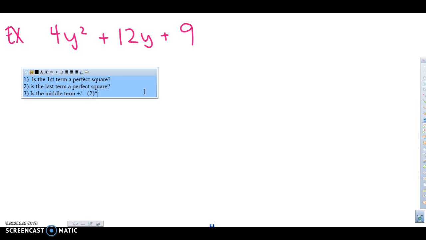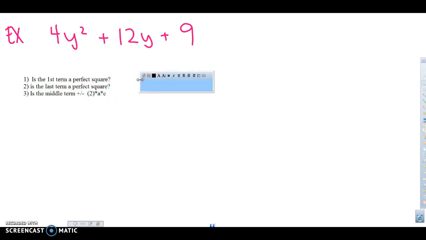Okay? Let me figure out how to type this. So I'm going to type it as a times c, but know that it's the square root of those things. So now I get to start answering some of these.